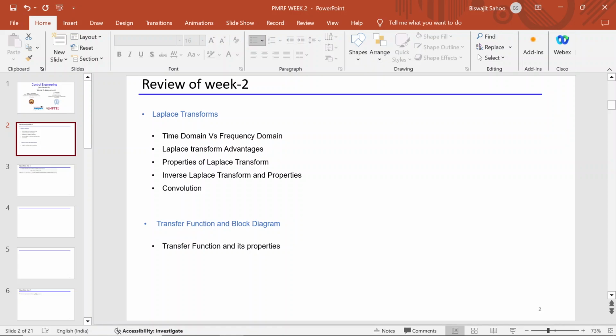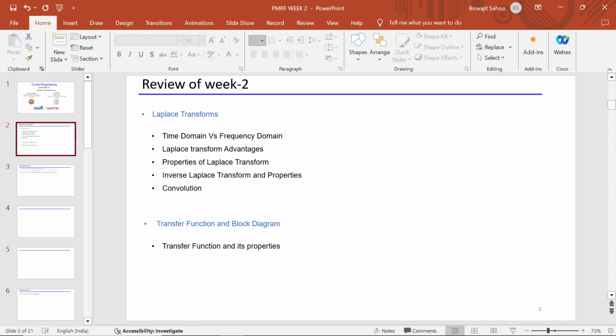Then the various advantages and properties of Laplace transformation, what the inverse Laplace transformation is and its properties. Then one major part they have covered here is convolution, and how convolution helps us solve problems in the Laplace domain.